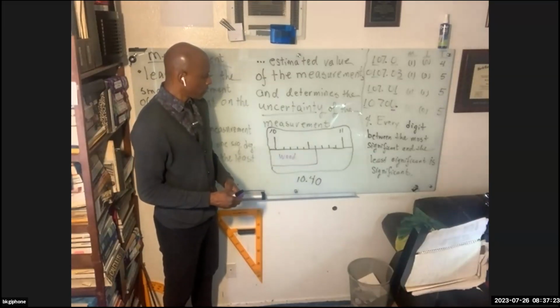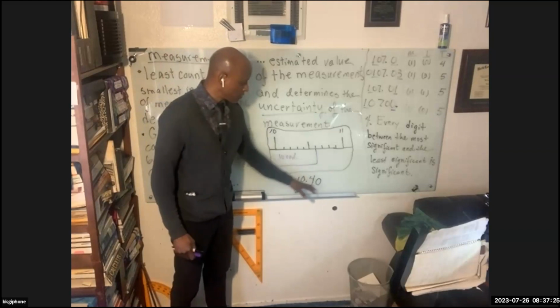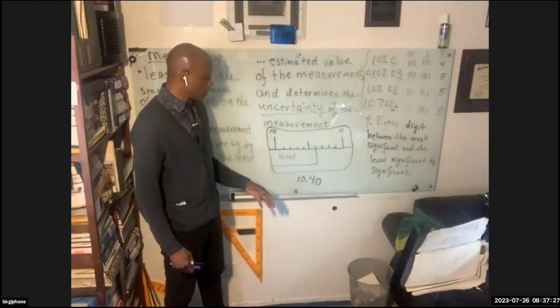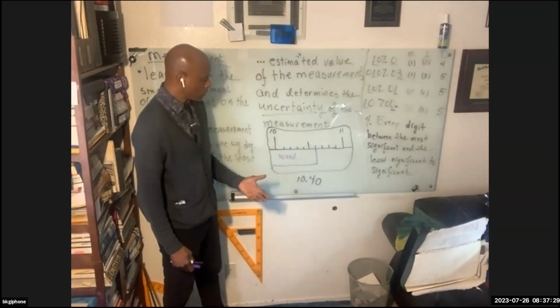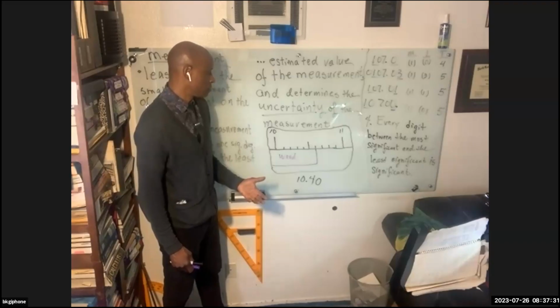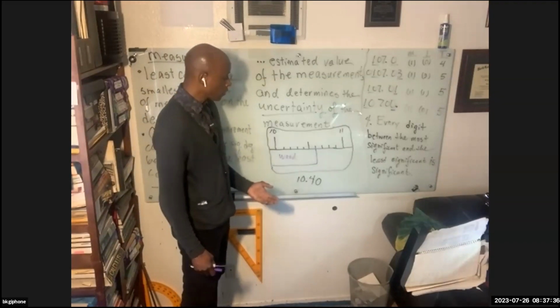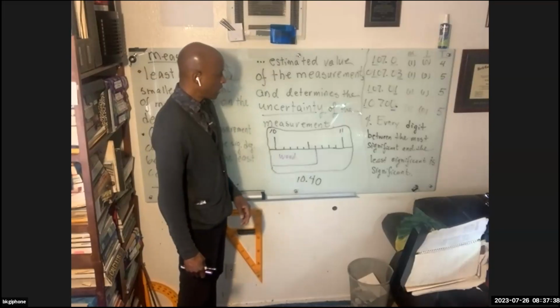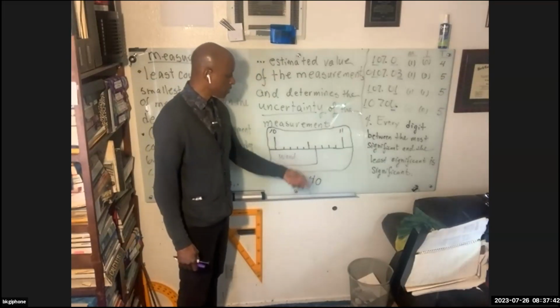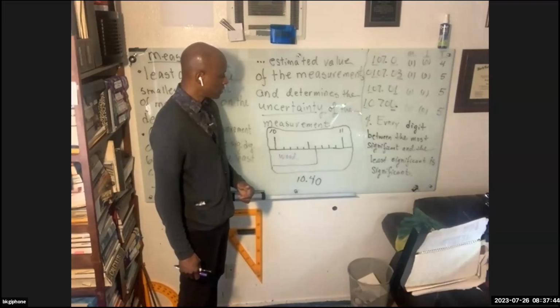So this would be significant to 4 digits. The total number of significant digits in this case would be 4, because you're placing the 0. And the least significant value is going to be 0, which determines the uncertainty of this.